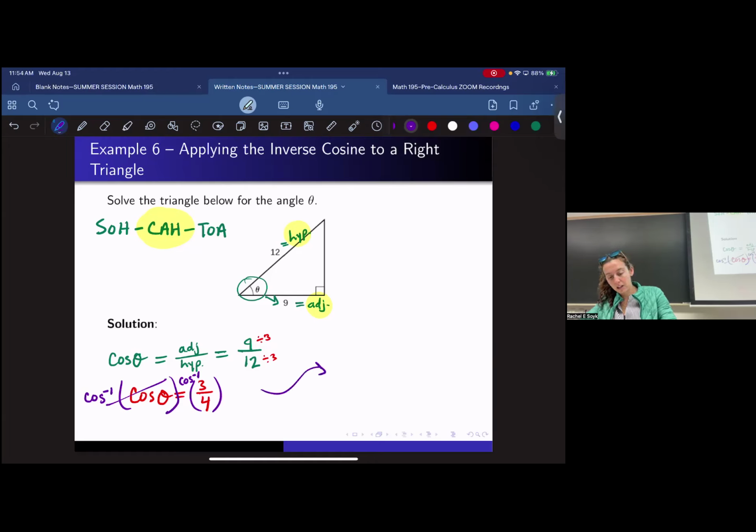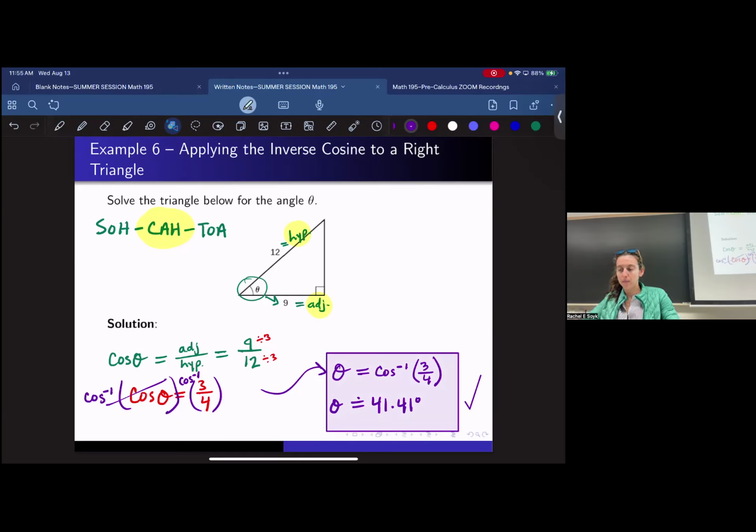So we're left with theta is equal to cosine inverse of 3/4, which on our assessments, I would accept that as full credit, but practicing like on homeworks where you do have the ability to use your calculator, you plug it in and then you get approximately 41.41 degrees and we're done. Okay.